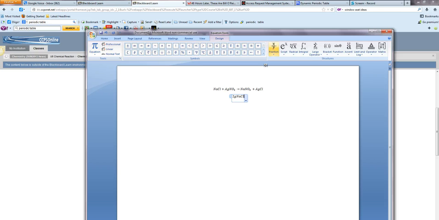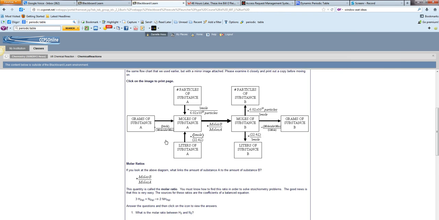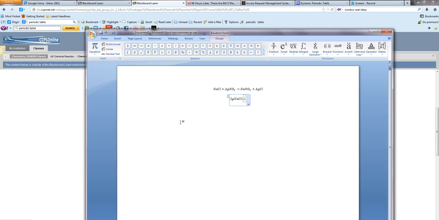The next thing we're going to need to do is multiply it. I'm just going to use parentheses for the things that I need to multiply, and we're going to use a ratio. What we need to do is go back to our chart and see that when we have grams of substance, we have to put it into moles. So we have to take the molecular mass and figure out what the ratio is to 1 mole.